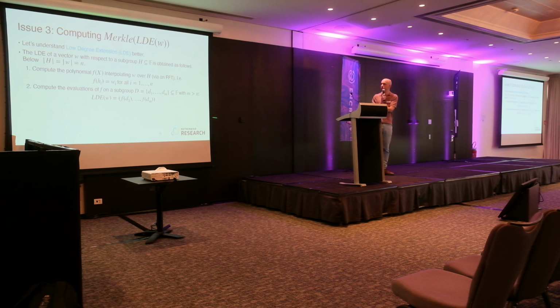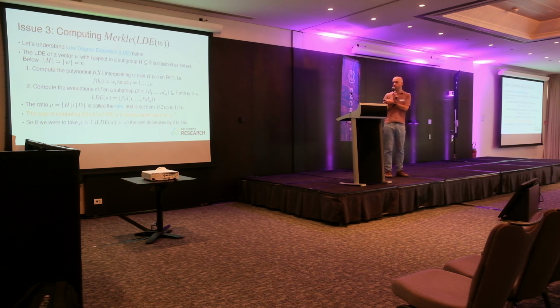It's the evaluation of the polynomial that interpolates the vector on a larger subgroup. The ratio between the original subgroup and the second subgroup is called the rate, which is usually set from 1/2 to 1/16. The rate creates a trade-off in STARKs between prover speed and proof size. The cost of computing the Merkle commitment to the low-degree extension scales superlinearly in the inverse of the rate.